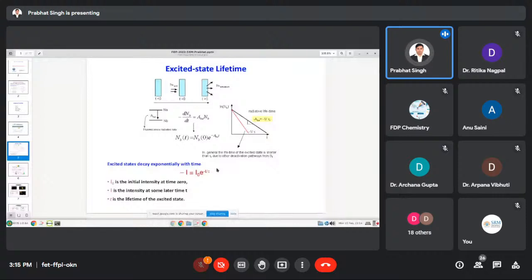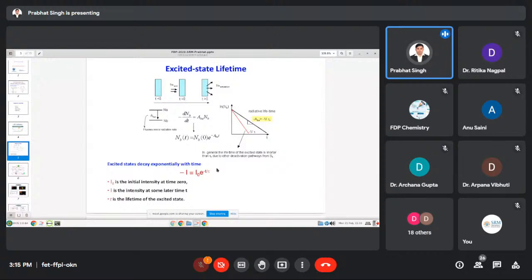The typical instrument that is used for measuring excited state lifetime is called time correlated single photon counting. With that you can measure molecules which show a lifetime in the range of, let's say, 0.2 nanosecond on the lower side, and you can go as long as 100 or 200 nanoseconds. Molecules displaying excited state lifetime in this regime can be measured with a TCSPC spectrometer.